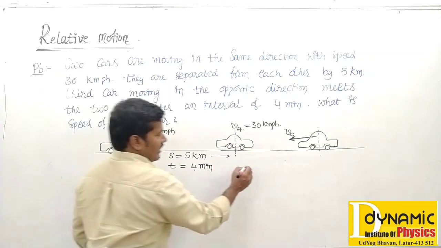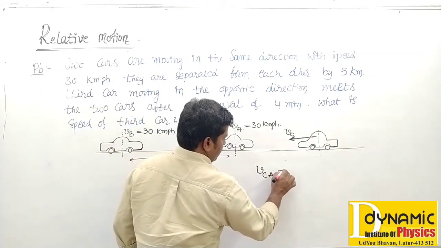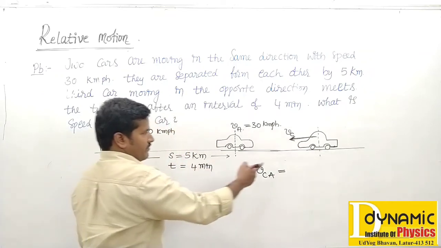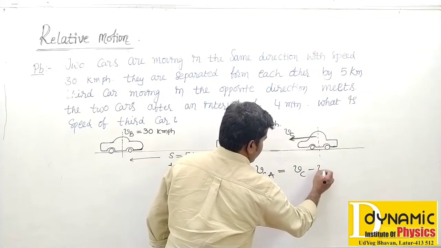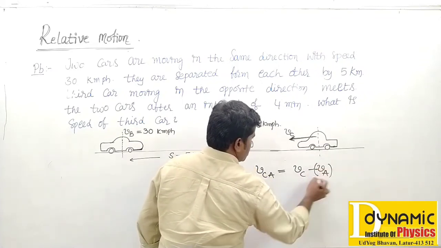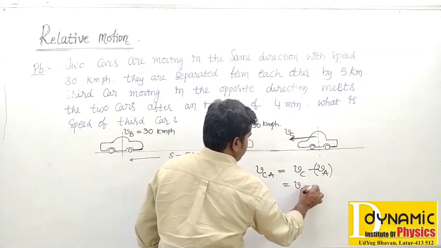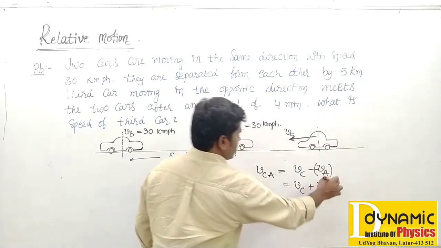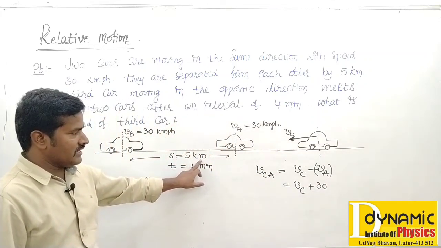So what is the relative velocity of the third car with respect to A? Its value becomes Vc minus Va. Minus of minus, opposite direction, so Vc plus 30 kilometer per hour. The separation is 5 kilometer.